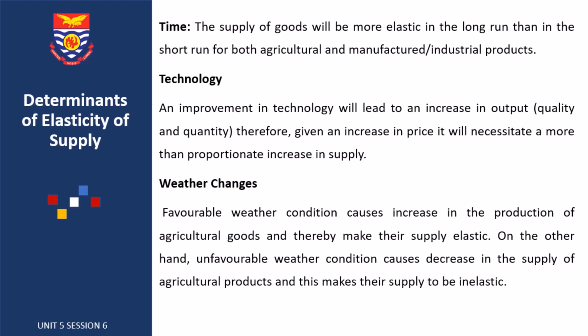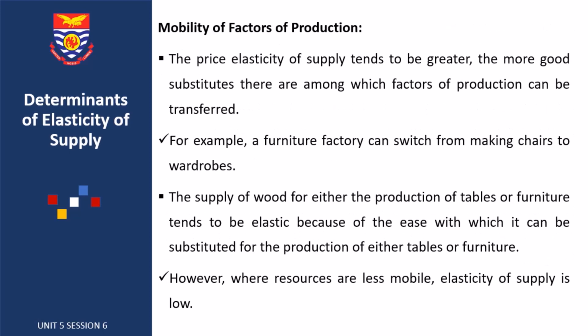Let's talk about the last point, that is mobility of factors. Now, the price elasticity of supply tends to be greater the more good substitutes there are among which factors of production can be transferred. Let's take an example: a furniture factory can switch from making chairs to wardrobes, or say making chairs to making tables, whatever you want to switch.